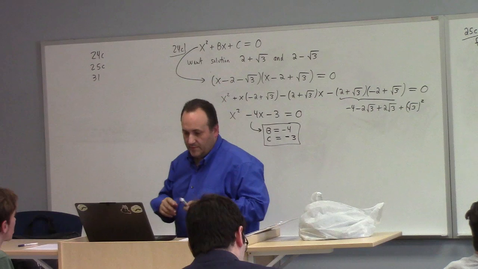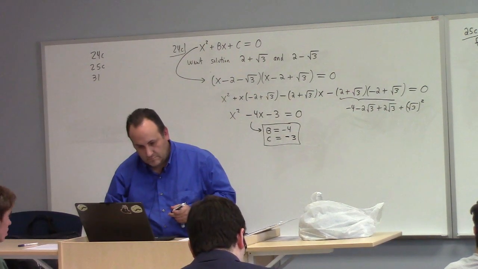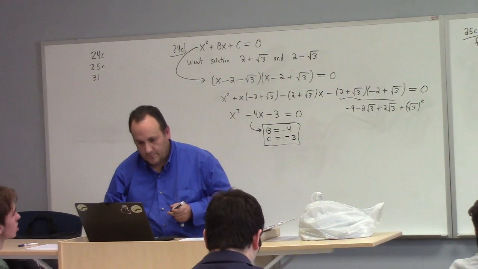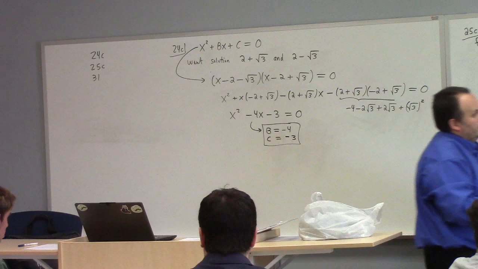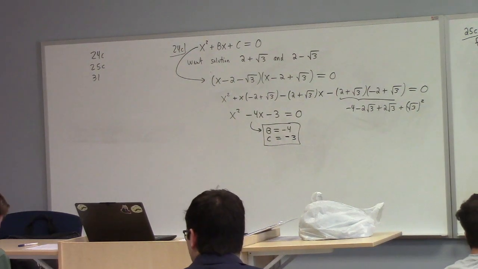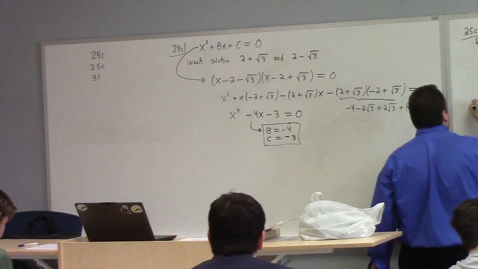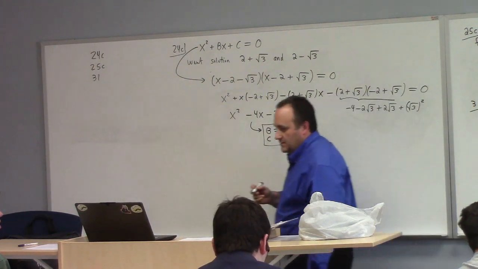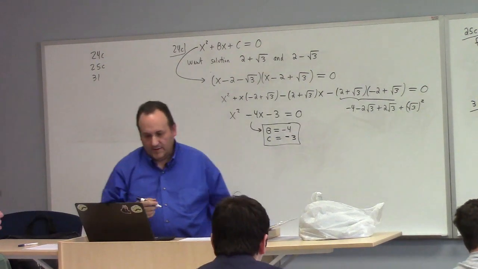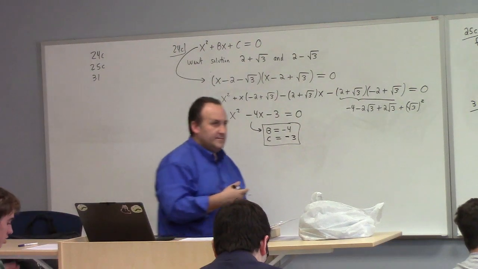You guys also asked me about number 31. Let me talk about that one. So number 31, we're supposed to decide if it's a hyperbola, an ellipse, a circle, a point, or nothing.